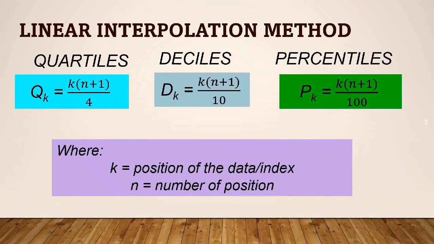As you can see, class, the formulas for quartiles, deciles, and percentiles for the linear interpolation method are just the same as with the Mendenhall and Sincich method that I discussed to you in the previous video lesson. For quartile, decile, and percentile, the value of k stands for the position of the data or the index, and n stands for the number of positions.